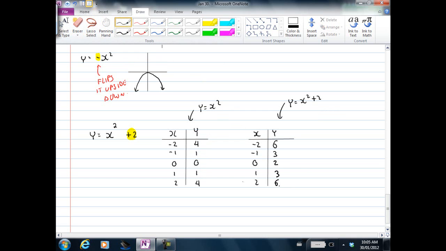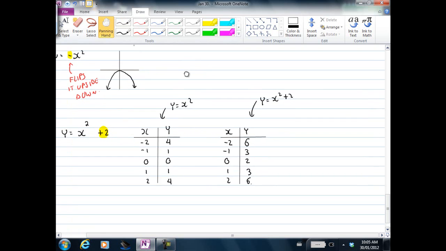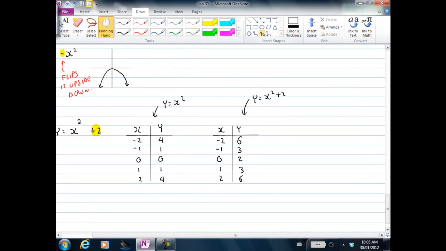Guys, let's draw a rough sketch. Tell me my max, min, vertex, domain, and range again. Same thing. We're going to draw a sketch. I'm going to do a quick rough sketch. 0, 2 is right here. Maybe my graph goes like this.